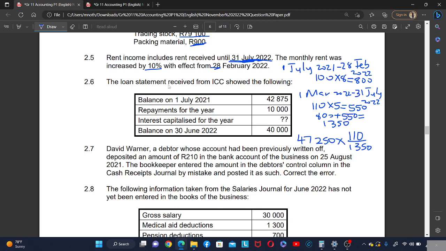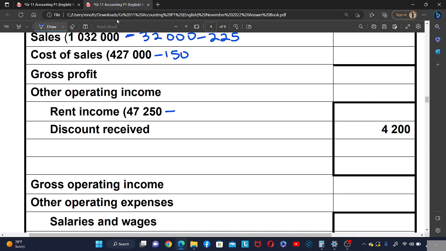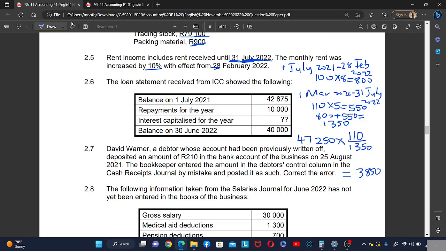So if you times them, they're going to give you 3,850, which is the rent of July that must be subtracted. Right? Then let me erase this.